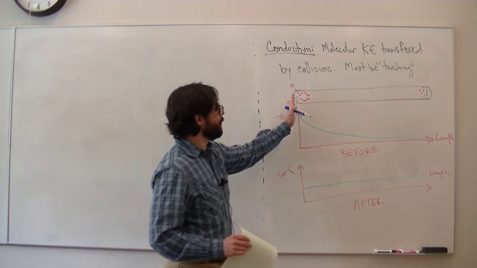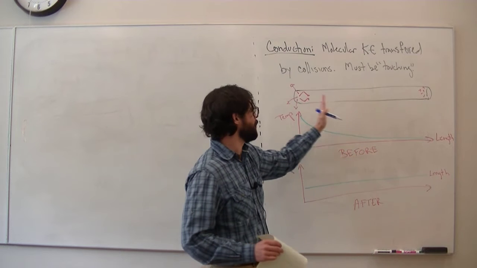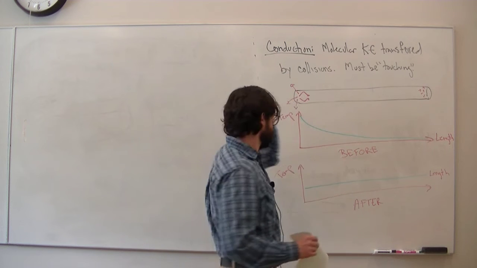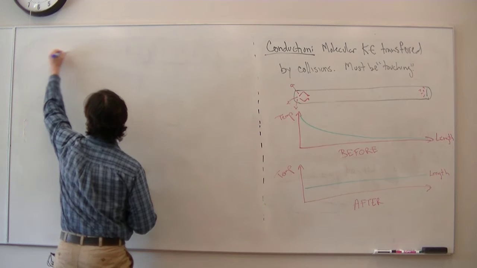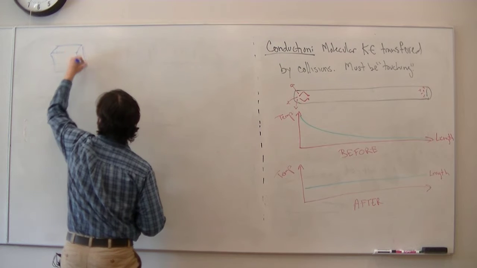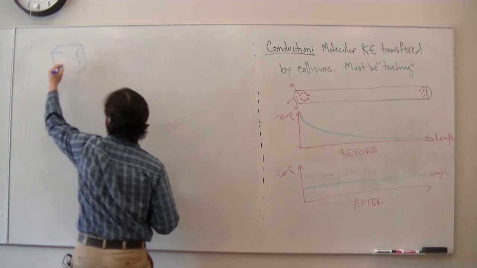So I want to know how fast this thing's going to come to equilibrium, or how much time it's going to take for the hot end to communicate with the cold end. And I'm actually going to make a slightly simplified system, which doesn't seem like it's going to work as well as it does, but it works pretty well.